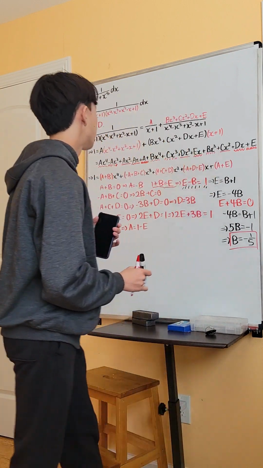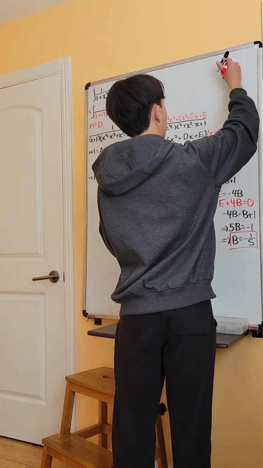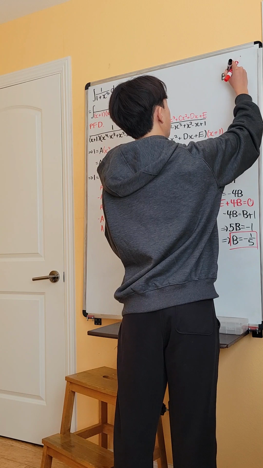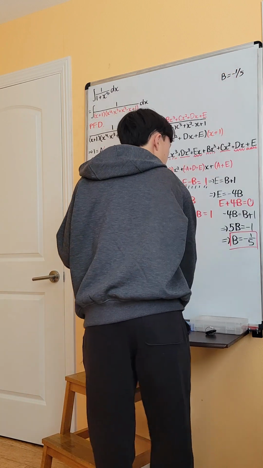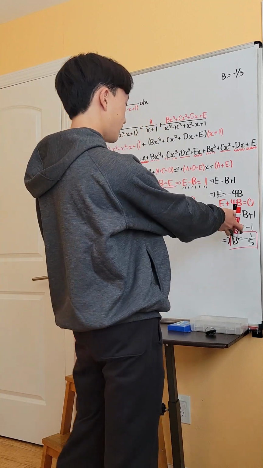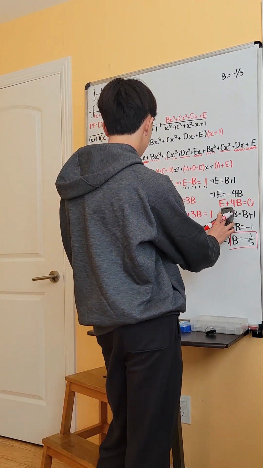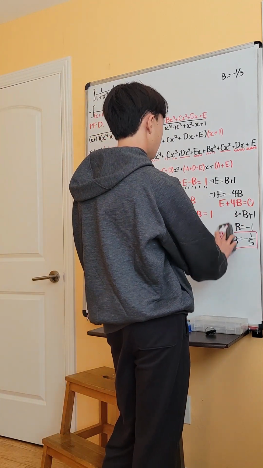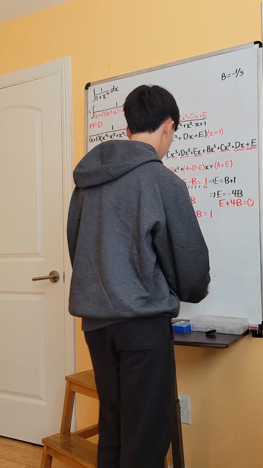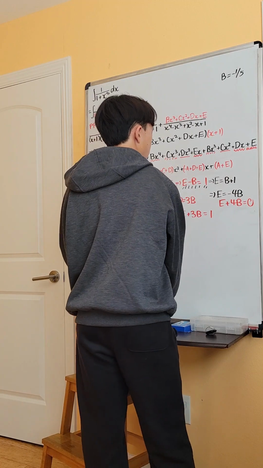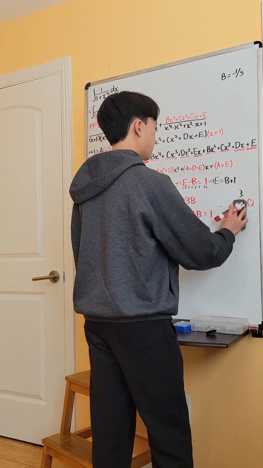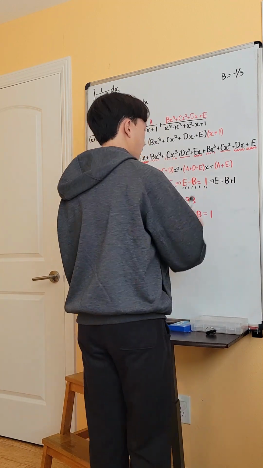In fact, let's keep track of all of this up here. So right now we have B is equal to negative 1 over 5. Okay, so that's all we need for here. Let's solve for E using this. And then you can also solve for A, but let's do E first. If you get rid of this, you see that we already have E isolated in an equation up here.